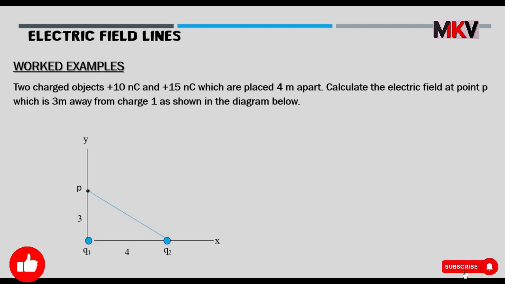Looking at this diagram, you can see that the charges were placed linearly, but the point P is placed at an angle to the charges. And we are supposed to find the electric field at point P. So let's look at how this problem would be solved.